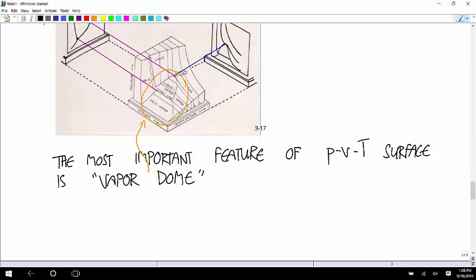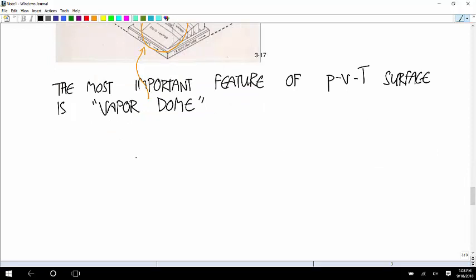And if you look on it, imagine looking at it sort of front on. It looks like this. Okay, so this is the vapor dome. At the bottom is the triple line. So that's all the places on this surface where gas and liquid and solid can exist in equilibrium.